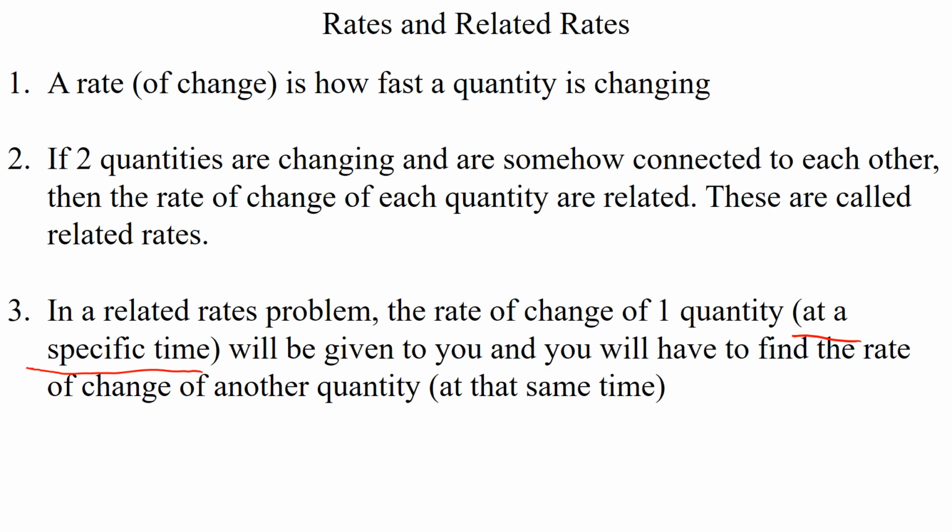When I say at this time, it's kind of like I pause the movie. And at that time, I'm going to tell you the rate of change or the speed of one quantity, and I'm going to ask you to find the rate of change or the speed of the other quantity at that same time. There's going to be some time going on, but I'm never going to give you the time. I'm not going to say at time 5 seconds, but you can pretend it's at time 5 seconds. At some specific time that I never tell you.